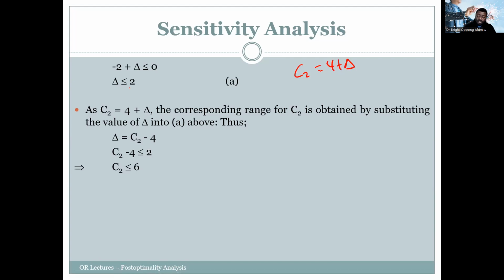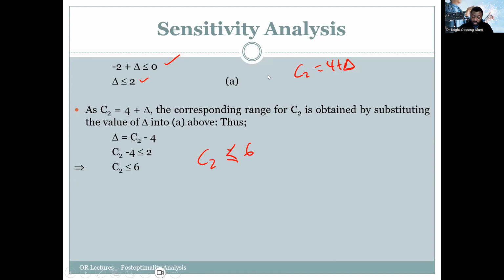And now we've seen that for the change to be optimal, this must be satisfied, and we've realized that the change should be less than or equal to 2. So when we put this change into our problem, we can solve, and therefore C2 is less than or equal to 6.